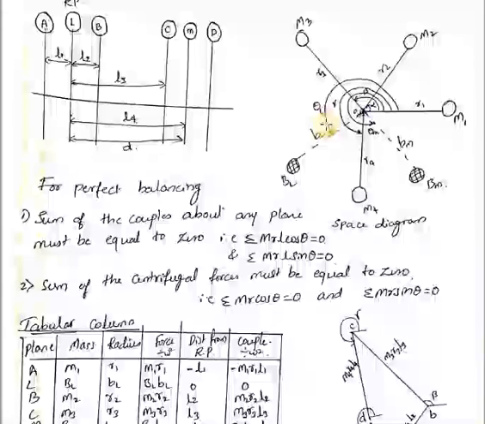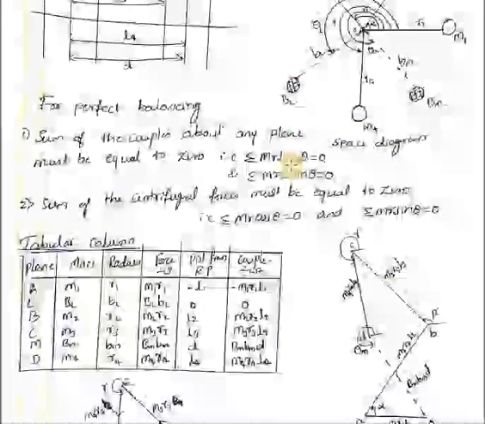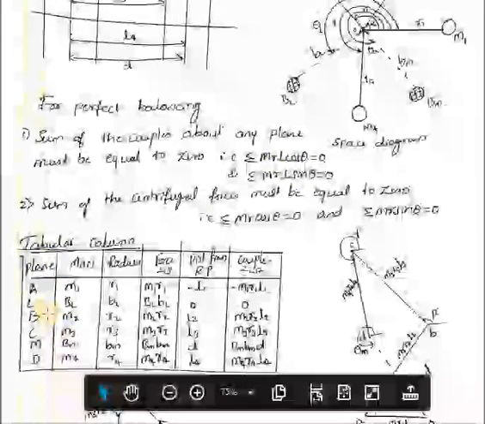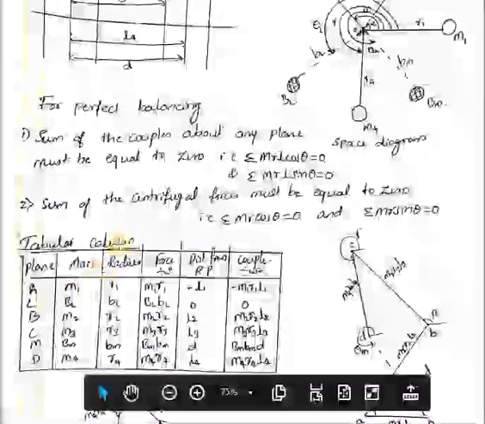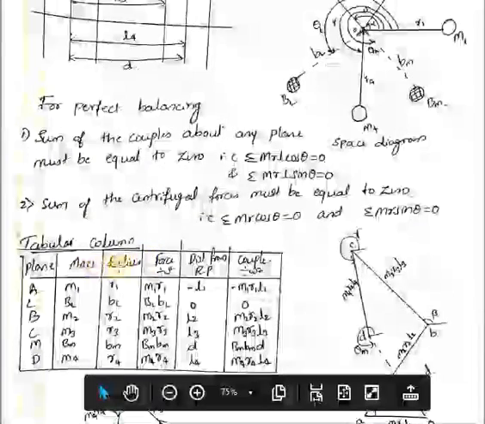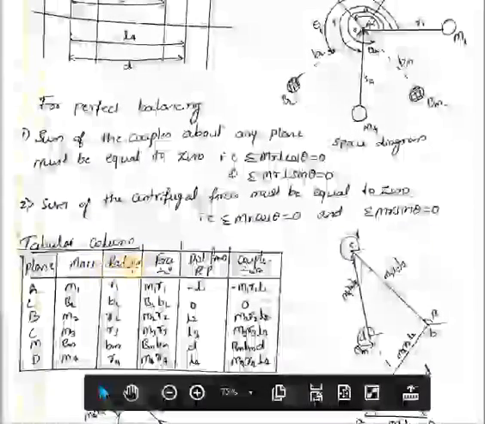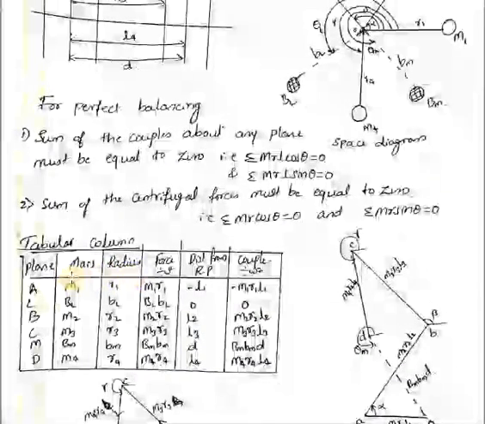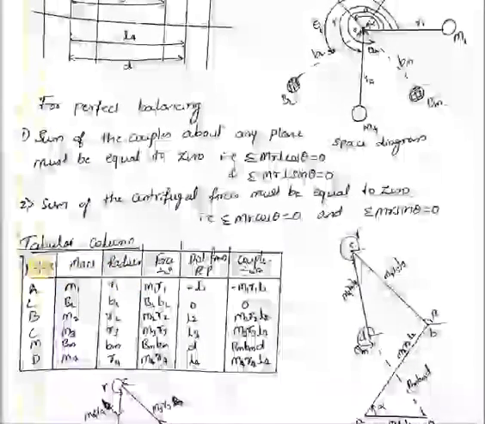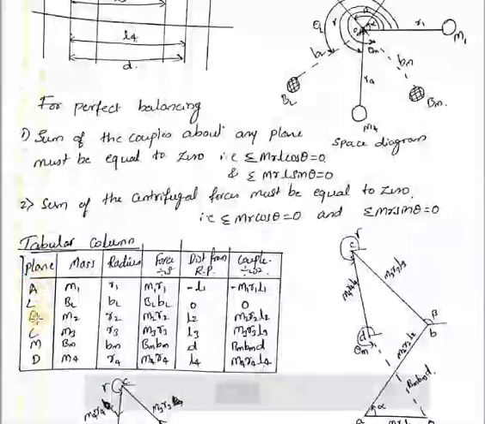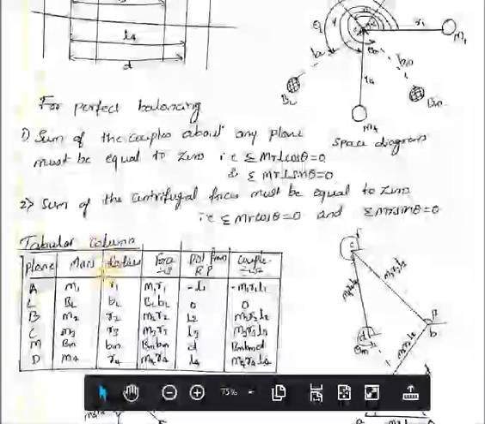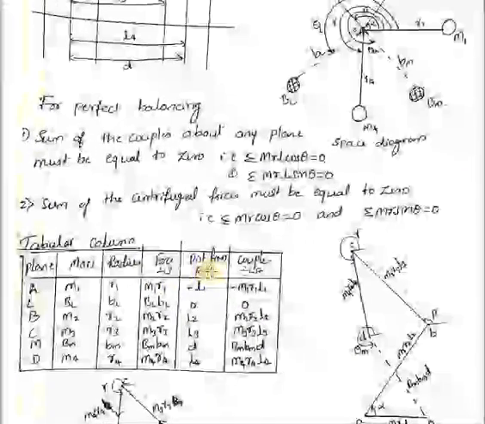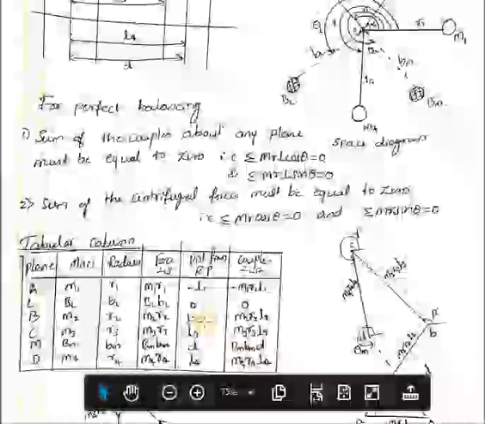In previous problems, we used to have only 3 columns, but here we will have 6 columns. Okay. So first one is plane, then mass, radius, force. So these 3, column number 2, 3, 4, are the same as in the previous problems. The addition to the table is distance from reference plane.